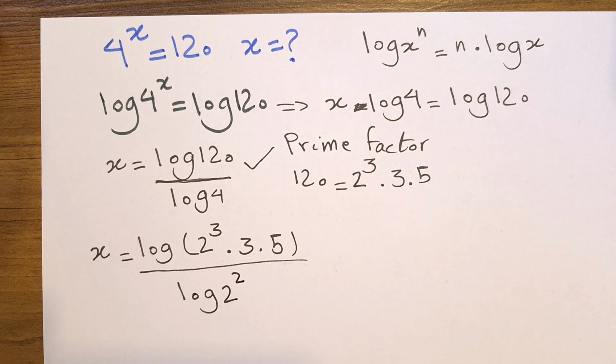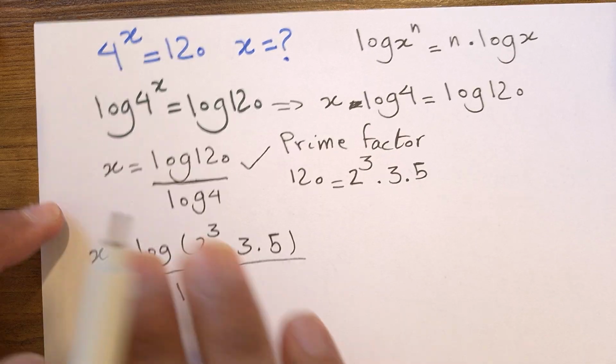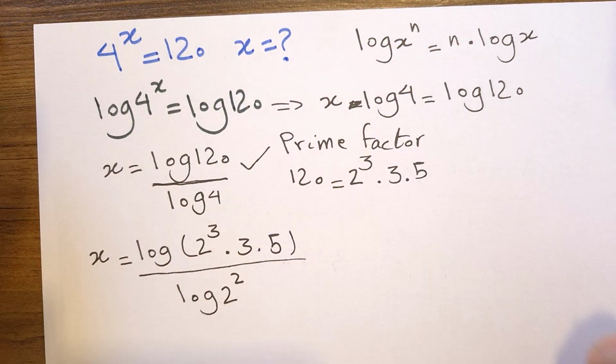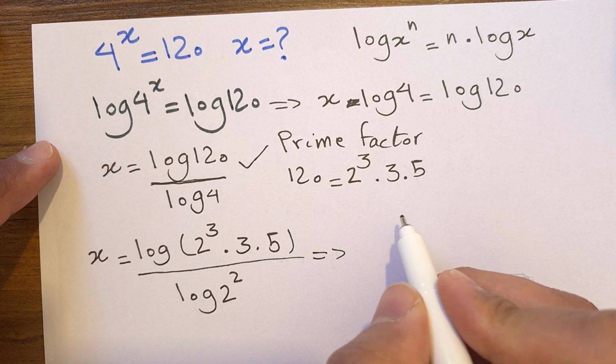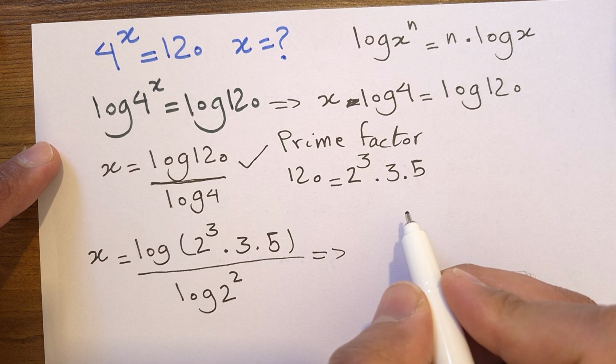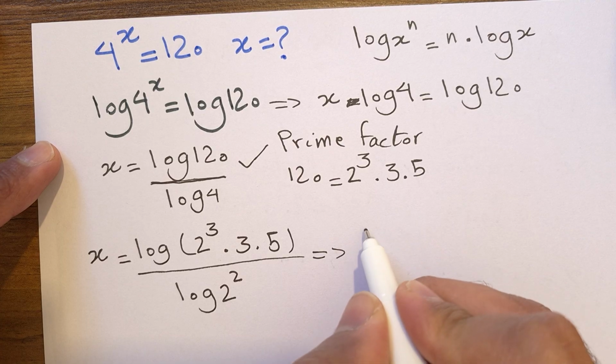Now we are trying to use another logarithm rule. That's good to know. We can expand the logarithm, right? We are trying a rule here that's called the product rule. So once again, the logarithm product rule.